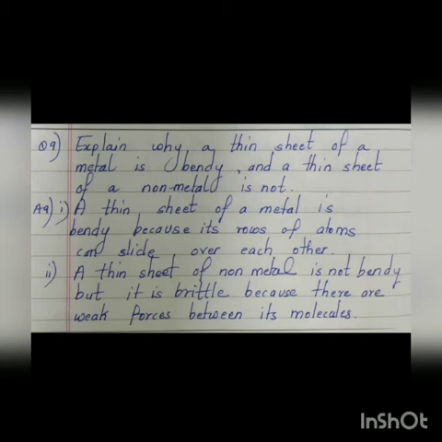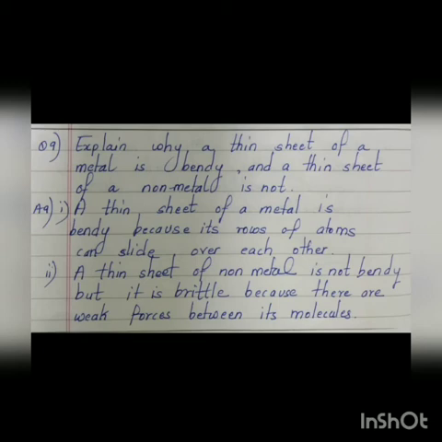When you are bending or tilting a piece of metal, the atoms present inside that piece of metal will slide over each other instead of colliding with each other, forming a row. This is the reason a piece of thin metal can be bended.